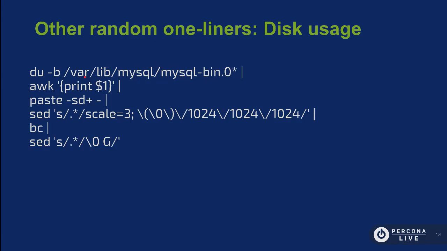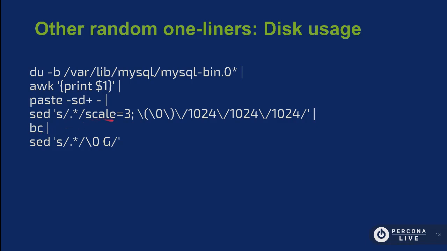For that set of files, I use awk again to print out the first field, which is the byte size. I'm going to paste pluses in between them, in other words, I'm going to add those values up. I'm going to use sed to give it to bc, which is a calculator.